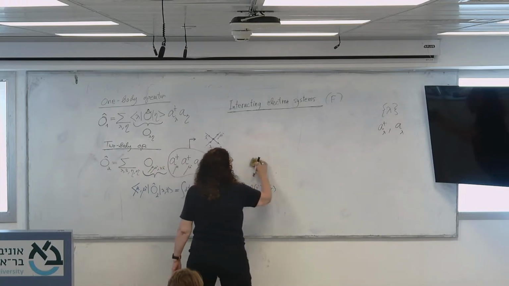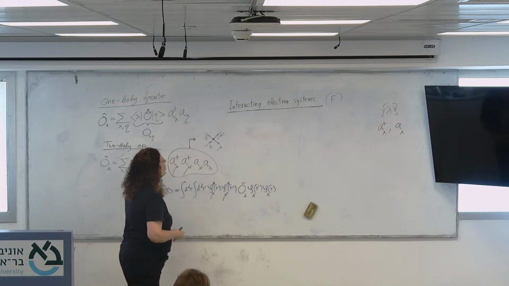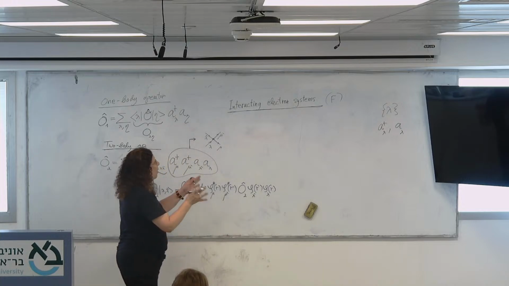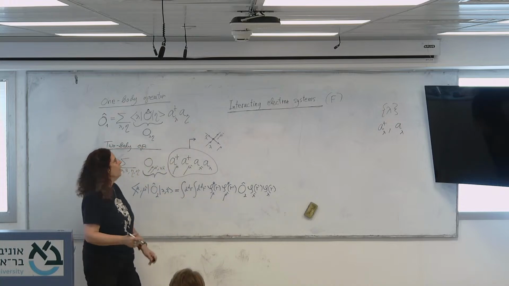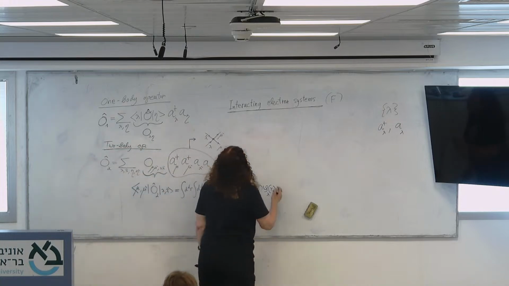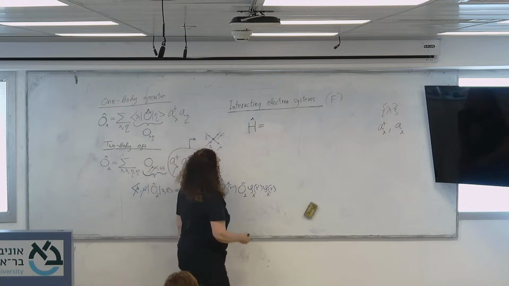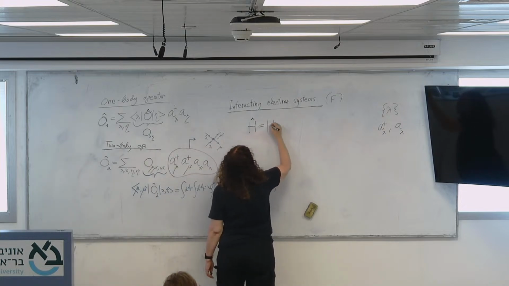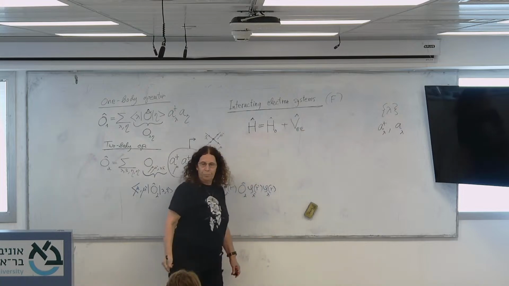So most generally, let me first tell you what is the problem we have to solve. If I'm writing the Hamiltonian of the system, it is divided into two parts, H naught and the interaction.